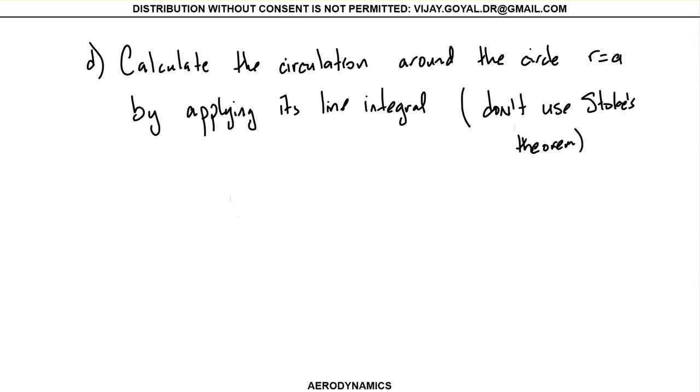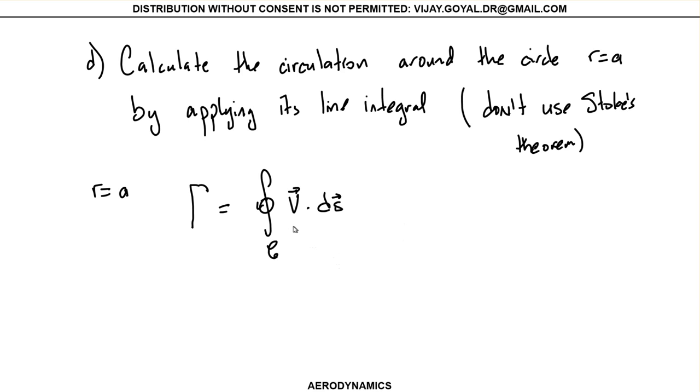So now the question is, calculate the circulation around this circle, r equal to a. If I want to calculate this circulation, we know we want to use the line integral. Okay, so r is equal to a. We know what the circulation looks like; we have done it several times now. This is the integral of v dot ds.